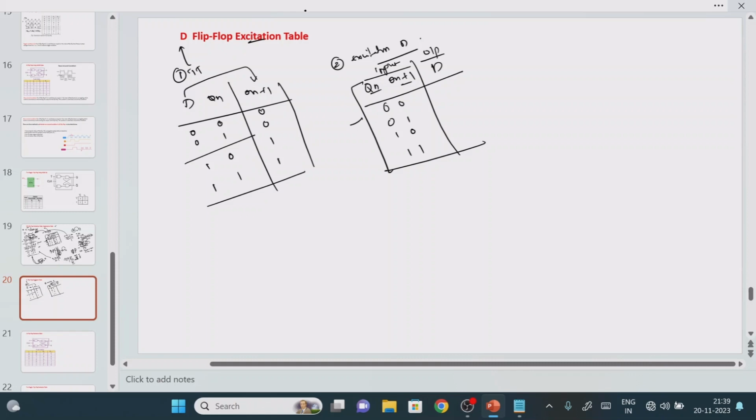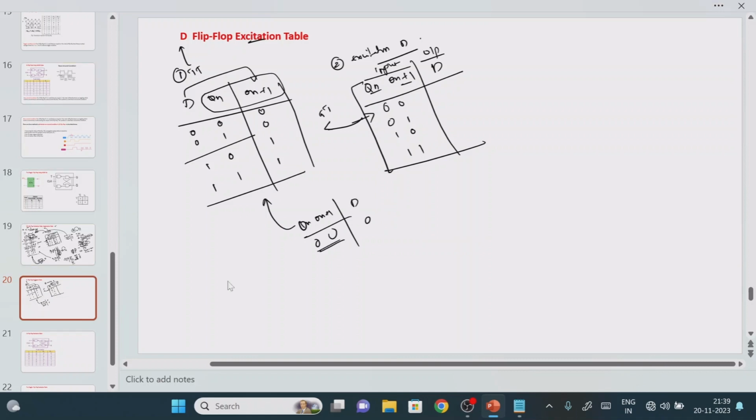Now how do we find the excitation table? With the help of the truth table operation, right? First, what input combination are we taking? 0 0, right? Just take 0 0. Go back to the truth table and find where we have the qn plus 1 value equal to 0 0. See, here we have the 0 0, right? What is the D value? 0, right? Just write the D value, right?